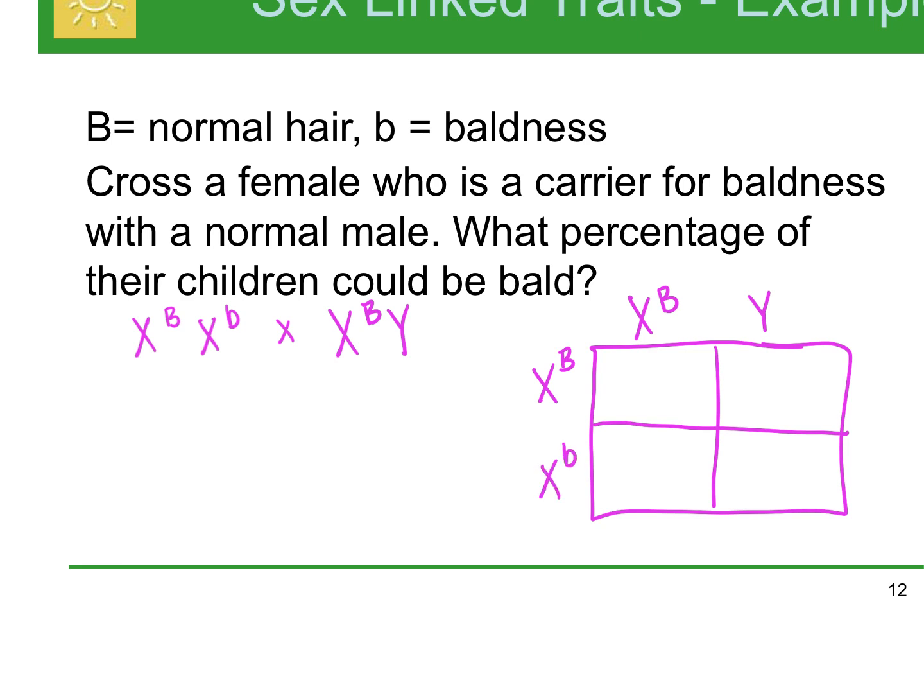If you want, go ahead and pause the video right now, and then you try to fill out the Punnett square on your own, and then once everyone has tried to fill out the Punnett square, resume the video, and then you can check answers.